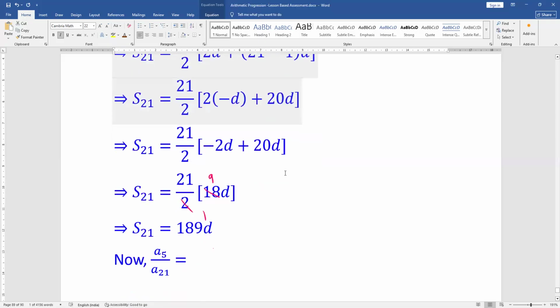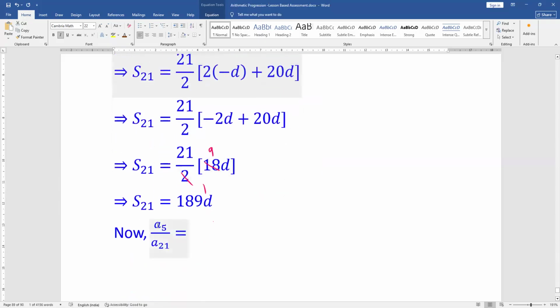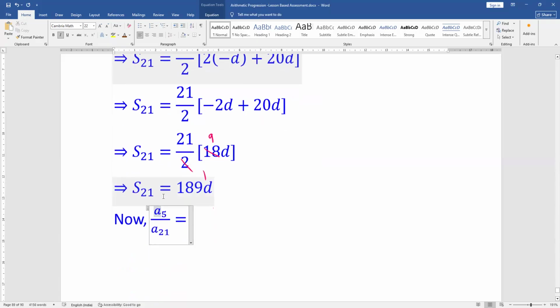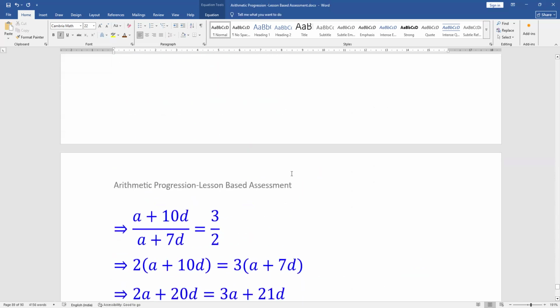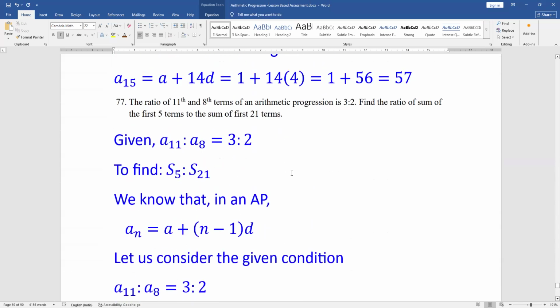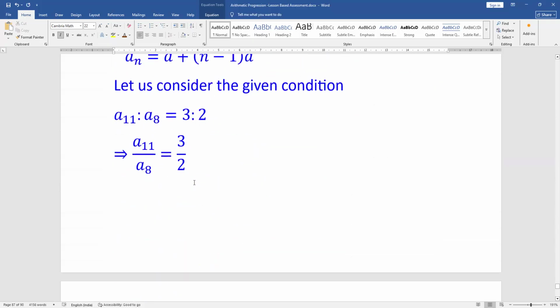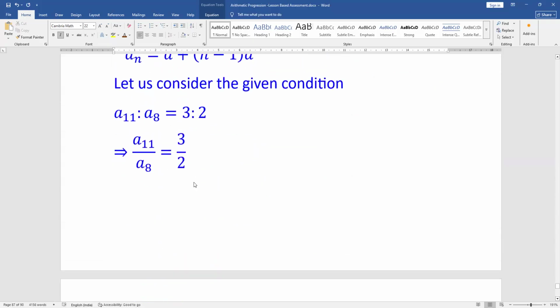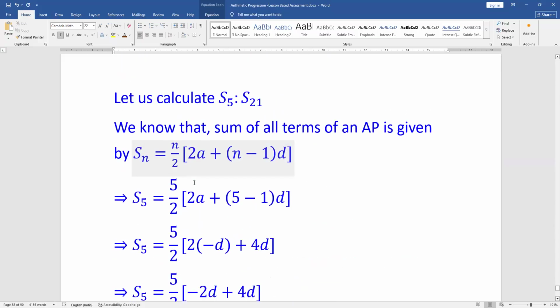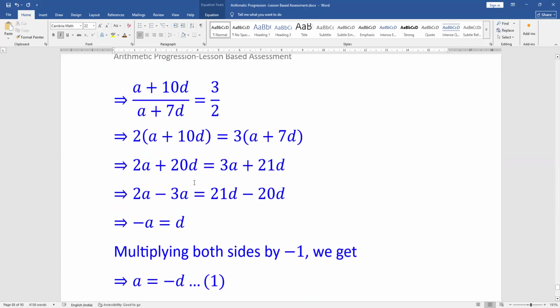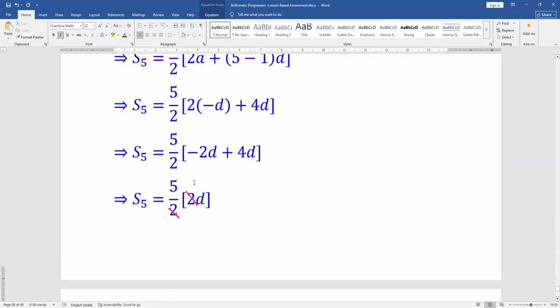When you take the ratio, even the terms also will be in the same ratio. That means we are asked to find S5 is to S21, so even the terms also will be in the same ratio.